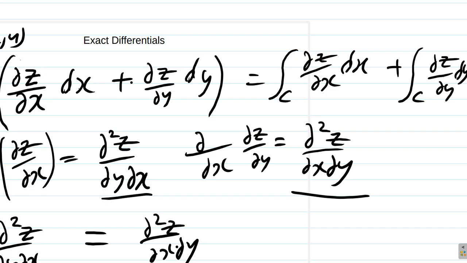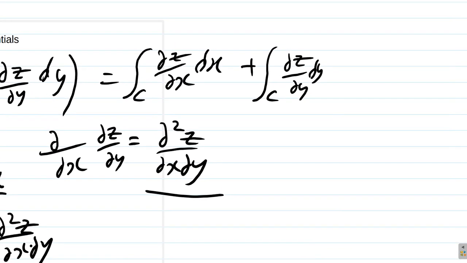Now, if you integrate this, you will get z. If you integrate this, you also get z. If you integrate delta z by delta y dy, you get z, right?